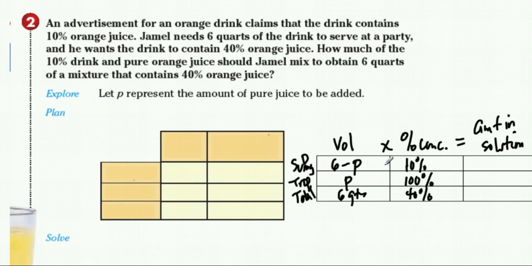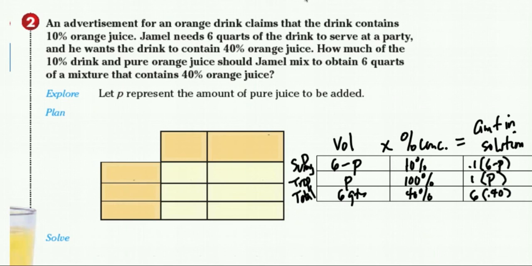Okay, so if we use that formula and we get the amount in solution, we end up with 0.1, because that is the decimal of 10%, times 6 minus P. And then you get 100%, which is 1, times P, or simply P. And then what happens next is that you'll get the total, which is 6 times 0.4 right here.